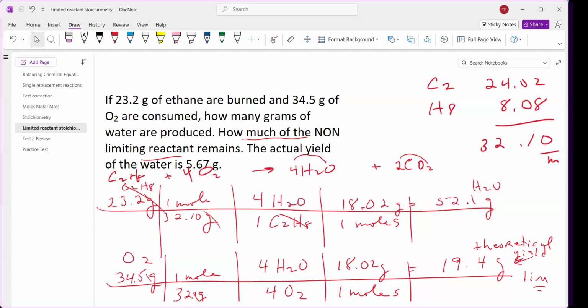For the equation that we just did, to find the percent yield, the actual yield is given, so it's the actual divided by the theoretical. Percent yield, how would you like that?